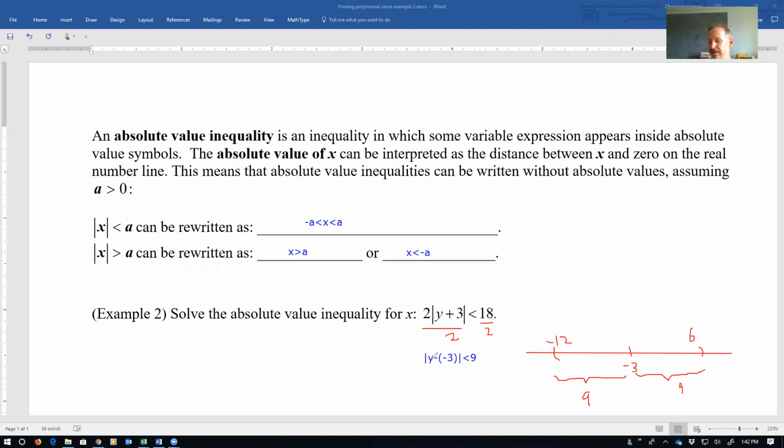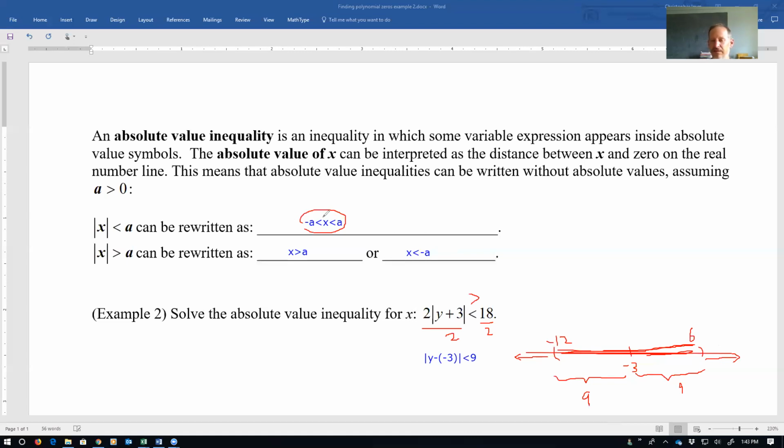Notice when I say the distance between y and negative 3 is less than 9, that distance has to be inside here, and that's why we would get this double inequality here. So my region would be right in here. If, however, this would have been greater than 18, then I would have this interval or this interval here. Since the distance is greater than, it would be greater than this interval here, and we would have the end regions here.